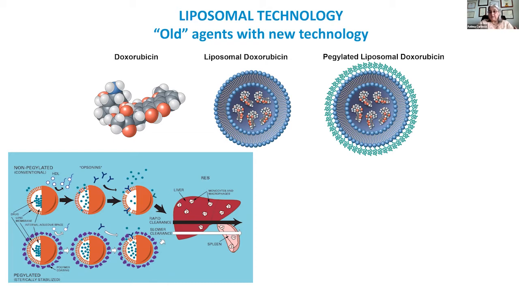Now, one way of giving them is to put them in these drops of lipids, let's call it this way, where you can put the drug and it passes through the liver and goes straight to the tumor. So it is more targeted and less toxic. It doesn't affect the heart. It is also more expensive, and that's why it's not so widely used.